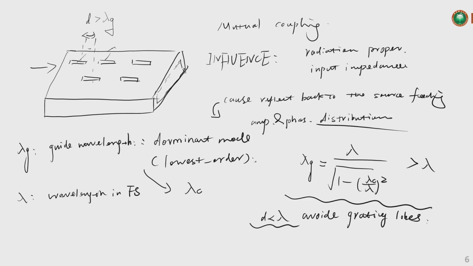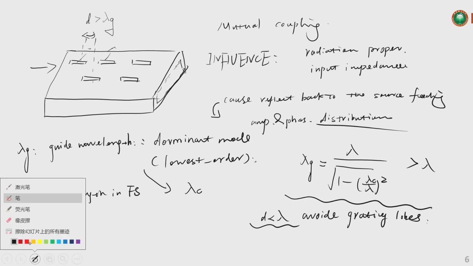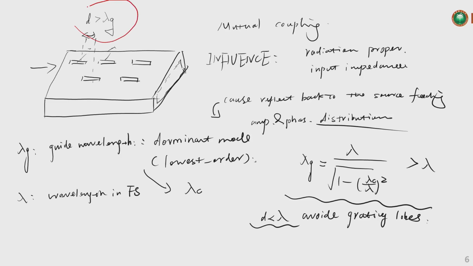When we consider these two conditions, it should be larger than lambda g to reduce the mutual coupling, and smaller than the free space wavelength to avoid the grating lobes. But actually lambda g is larger than lambda, so this condition cannot be satisfied, right? Because it should be larger than lambda g, but also smaller than lambda.